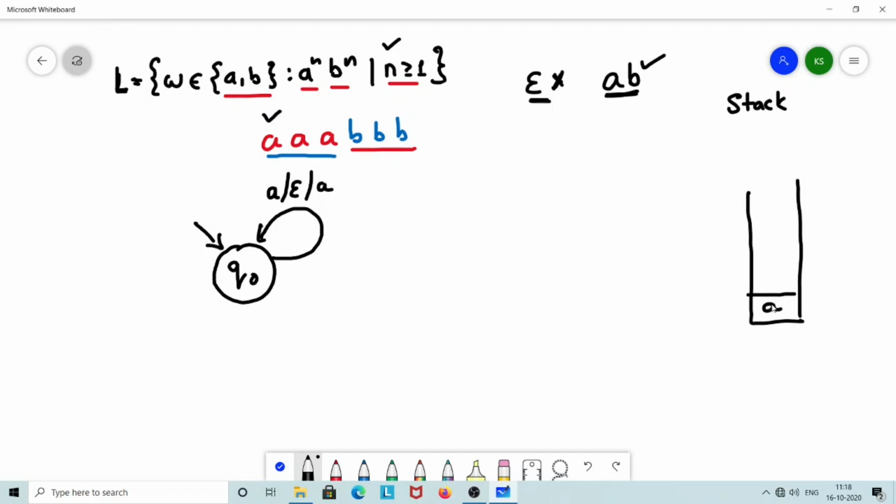And this is the equivalent transition I've written. Being in the Q0 state, upon encountering A, if the topmost element of the stack is epsilon, then I'll push A. What about the second A? This is a little tricky to understand, but I will keep the transition as it is. Now it is very easy to say the topmost element of the stack is A, right? But let us ask ourselves a question: what symbol do I have on top of A?